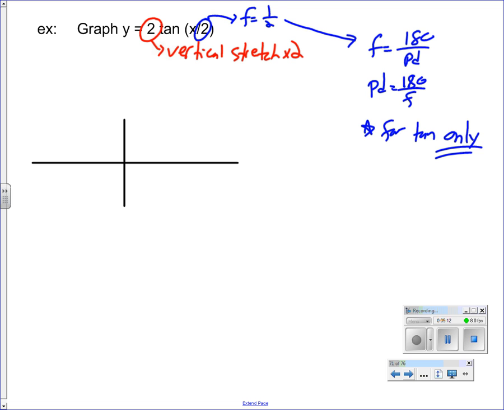So here, on this example, if our frequency is 1/2, we take 180 divided by 1/2. That means the period for this function is going to be 360 degrees, or if we work with radians, that's the way our examples are, 2 pi radians.